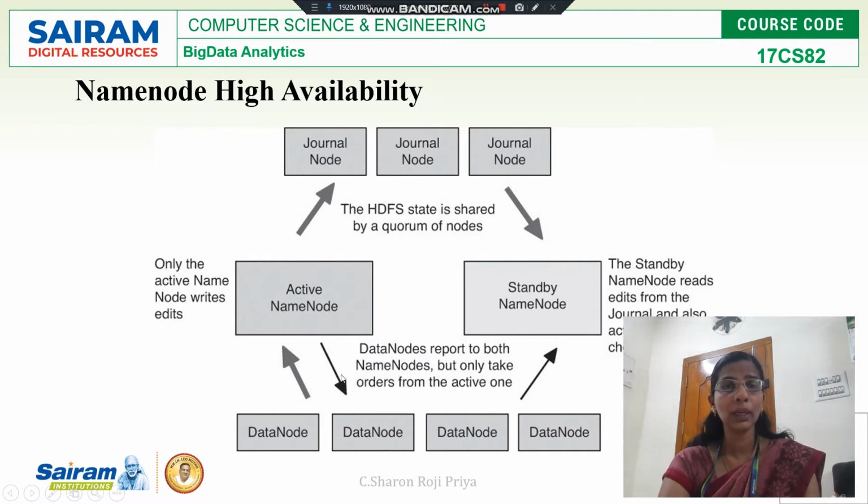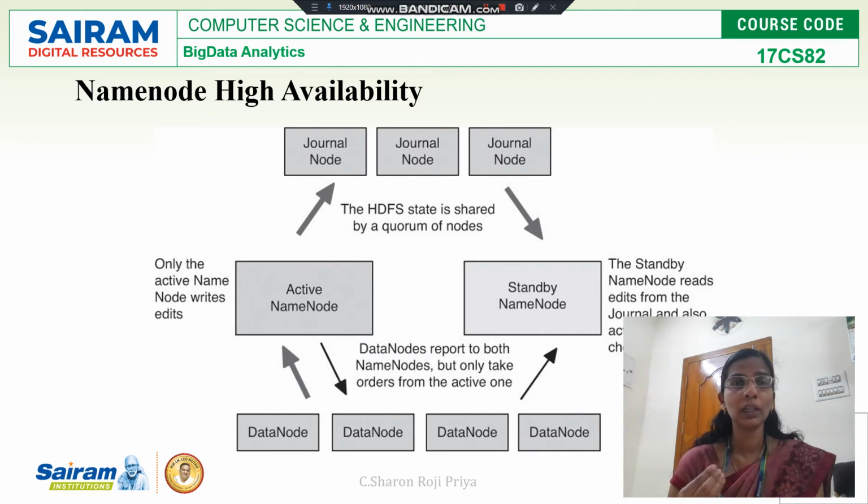The report sent by the data node will be received by both the active node and the standby node. The purpose of the standby node is, if the active name node fails, the standby node should become the active name node. That is the aim of the standby name node.